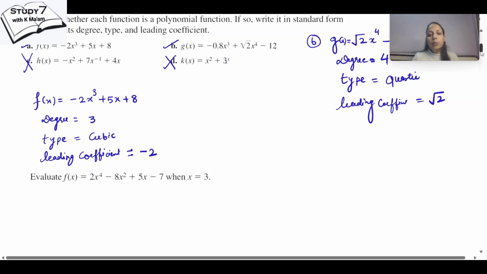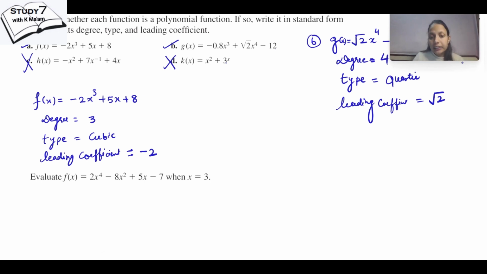Evaluate the function when x is 3. When x is 3 means substitute x as 3 wherever you find x. It's 2 times 3 power 4, minus 8 times 3 power 2, plus 5 times 3, minus 7.